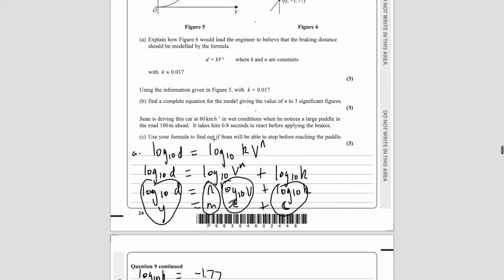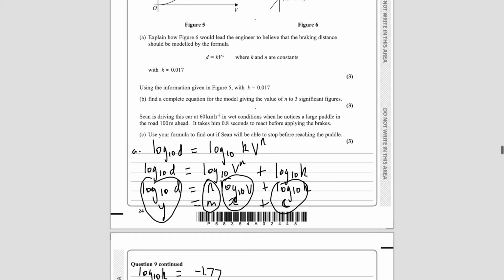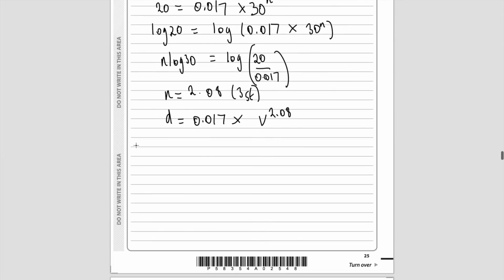I guess the first step to this would be turning this 60 kilometers per hour into meters per second. We're dealing with meters here, we're dealing with seconds, we want everything to have the same sort of unit. So for part C, we have 60 kilometers per hour. And in order to turn this into meters, first of all, we have to times it by 1,000.